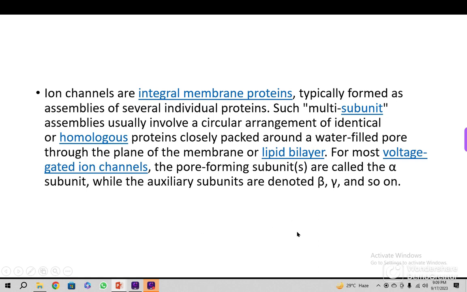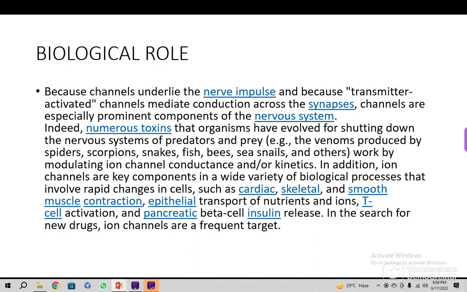The biological role now. Because the channel underlies the nerve impulse, and because transmitter-activated channels mediate conduction across synapses, as you've seen, like the neuromuscular junction, and there are a lot of other synapses. So channels are an especially prominent component of the nervous system, because this is highly excitable tissue.